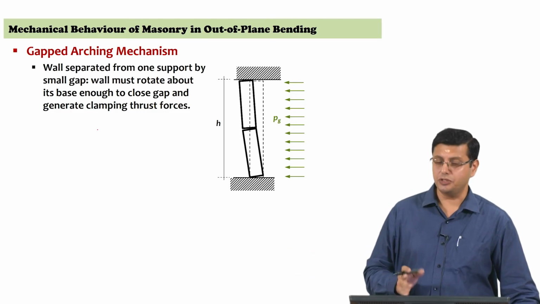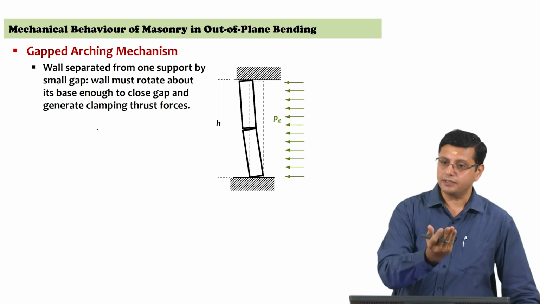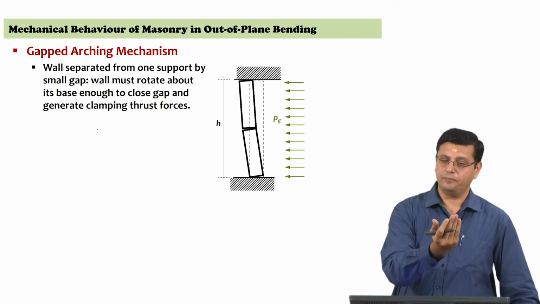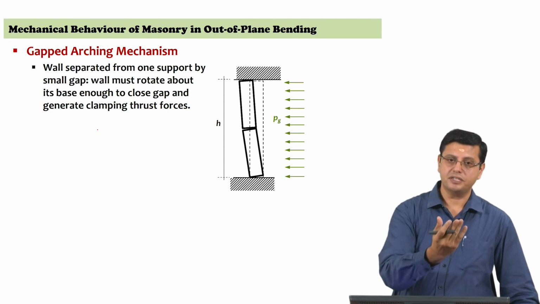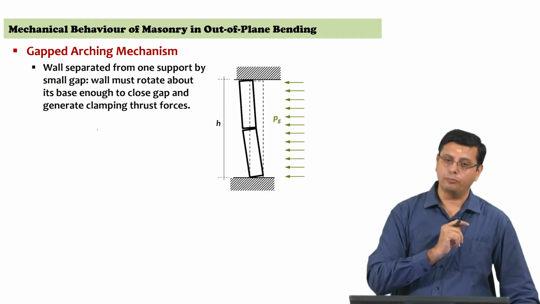But let us assume if we have this sort of situation, the wall must actually rotate, and after rotating a certain finite rotation, it will come into contact at the top point, right.